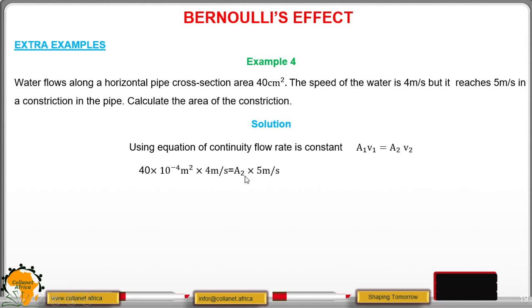It should be equal to the mass flux on the other side of the tube, whereby we have the area A2 times the velocity on that section. So if you divide through by 5, the area A2 will be equal to 3.0 times 10 raised to power negative 3 square meters.